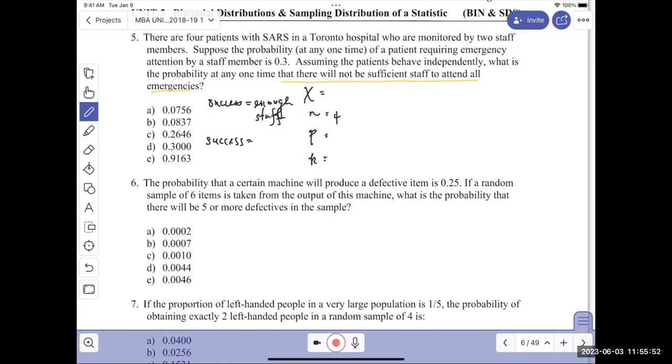Is success enough staff or is success emergency? When we look at a patient, what are we looking at? Are we looking to see if there's an emergency? So remember, the trials are the patient. So observing the patient, are we looking for an emergency or enough staff? Which one is the correct? So again, teasing apart each incident versus the overall. I think this will be better to generate the answer.